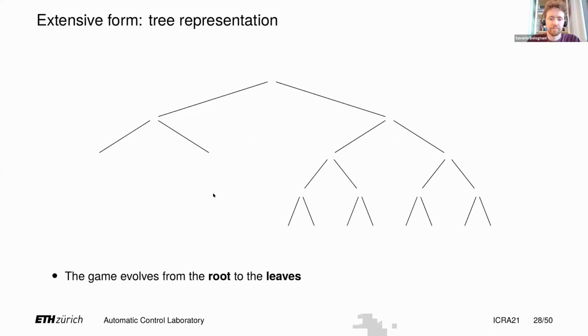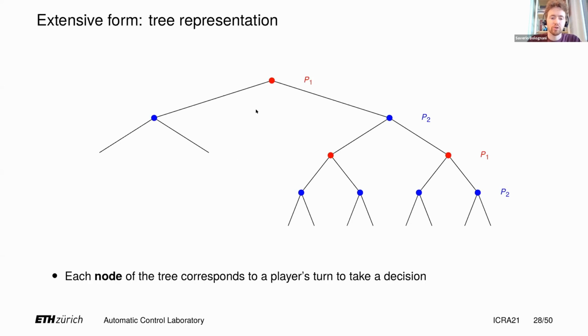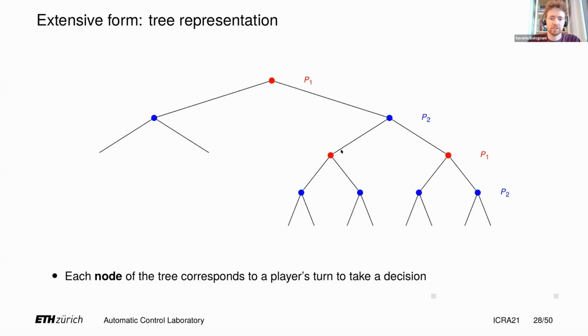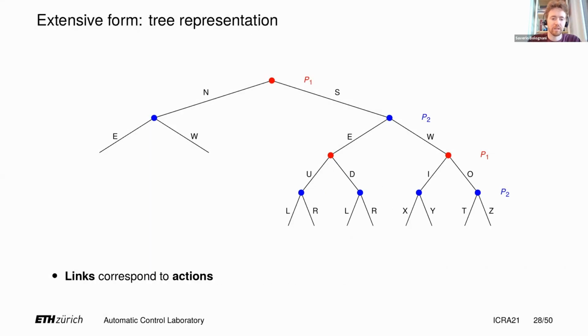Now each node of the tree is a player's turn to take a decision. So in a two-player game, which is the example I'm using for now, here first player 1 has to take a decision, then player 2, then player 1 again, and then player 2 again. So it's 2 decisions each in this case.